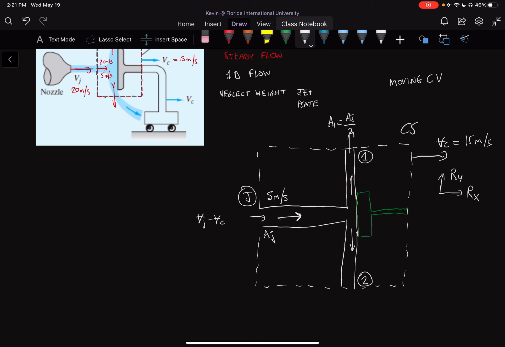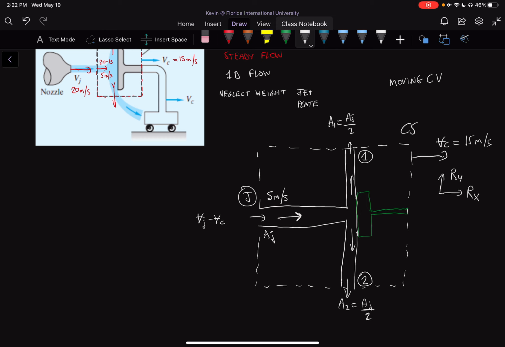The flow is split in 2. So Aj divided by 2. And the flow at the bottom, A2, is also going to be Aj over 2. So now we have a better understanding of what our diagram looks like and what is coming in and coming out of our system.